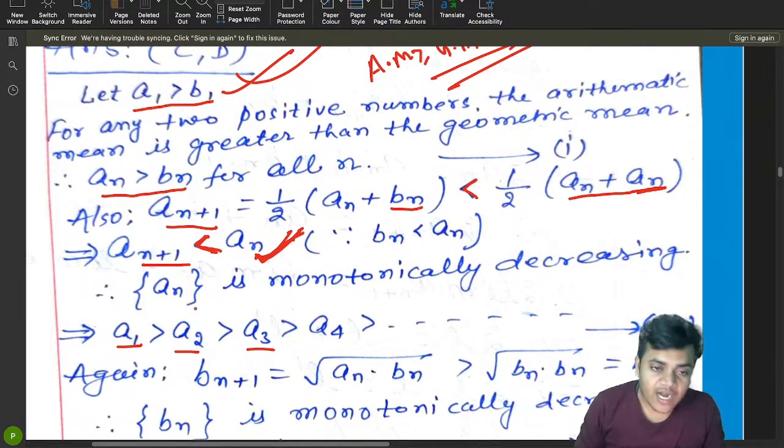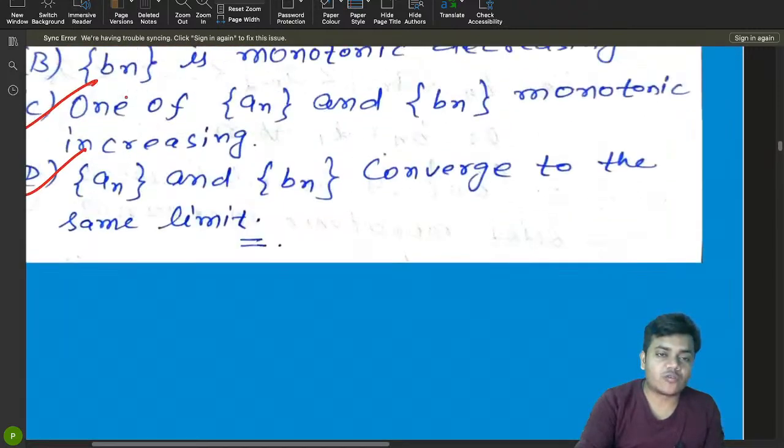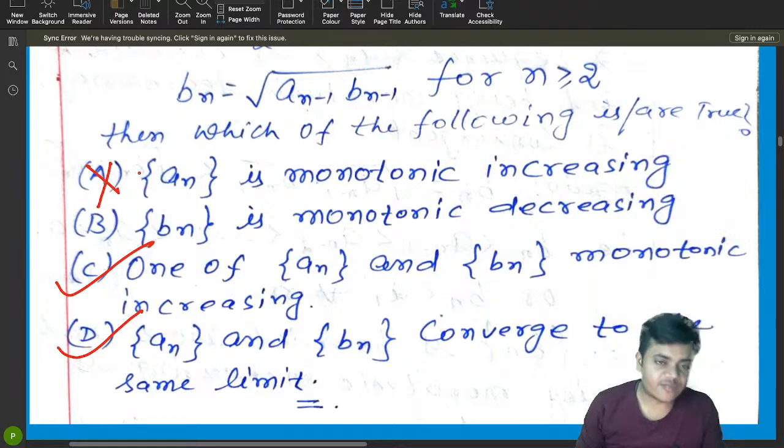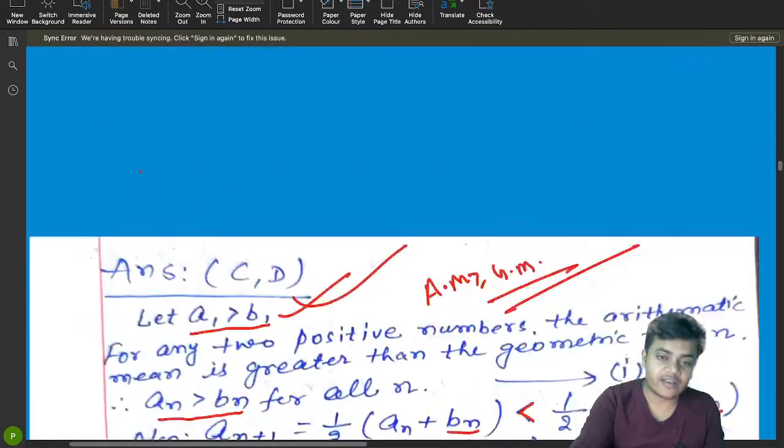So this sequence an is monotonically decreasing. In option 1 we have written an is monotonically increasing, so that's wrong. Certainly an is monotonic, but it is monotonically decreasing.